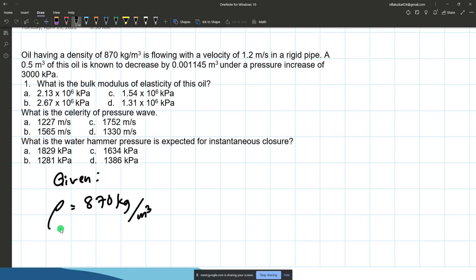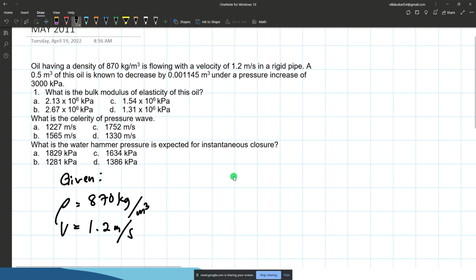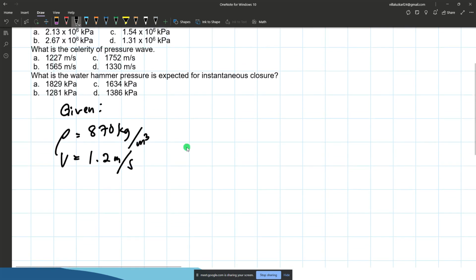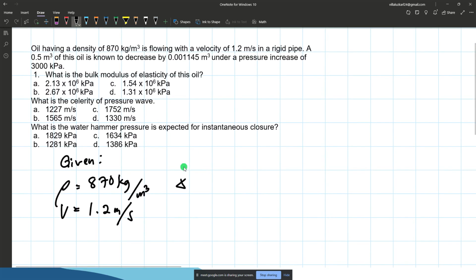Then the velocity is 1.2 meter per second in a rigid pipe. 0.5 cubic meter of this oil is known to decrease by 0.001145 cubic meters. So we have a given change in volume, okay?